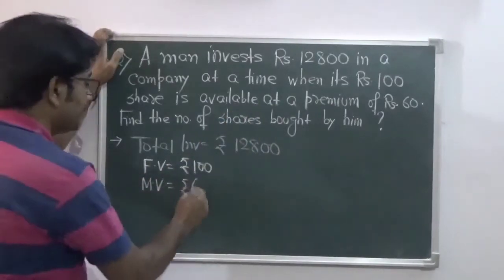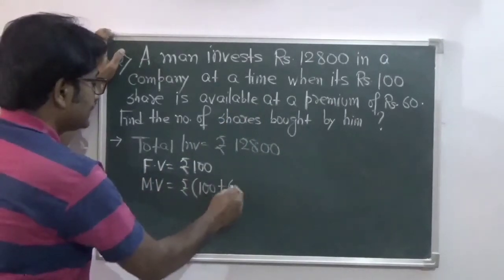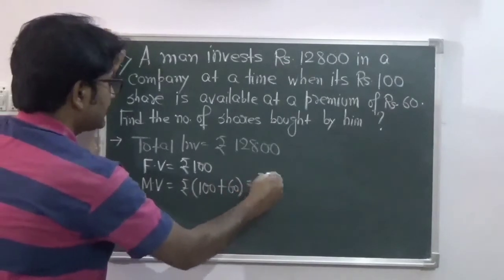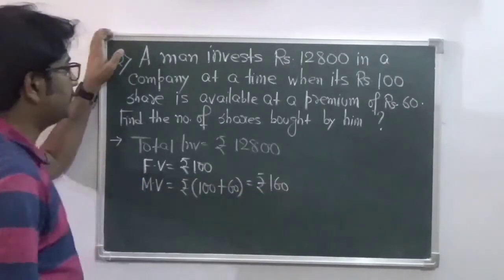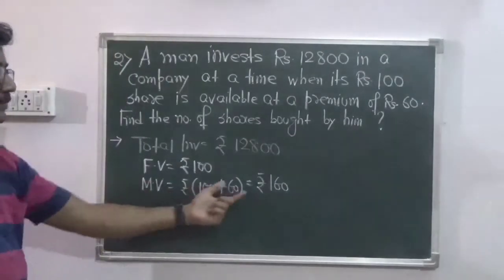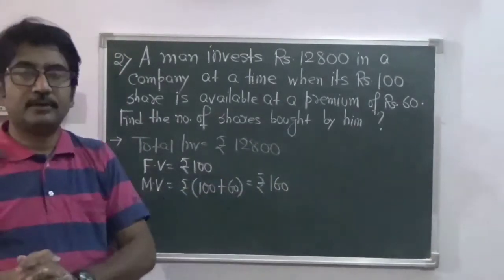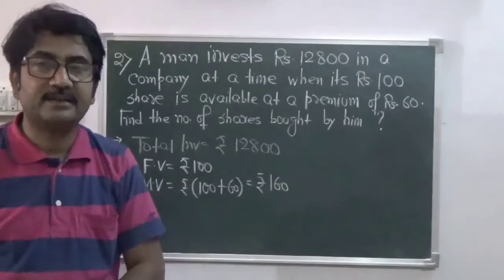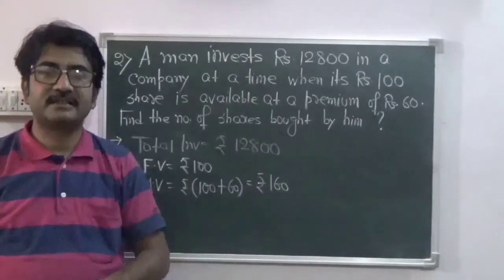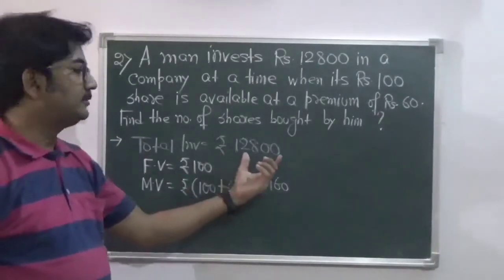That means the market value will be 100 plus 60, that is rupees 160. So it is the market value of one share, and the market value of the total investment, that is after purchasing all the shares in the market, is 12800.